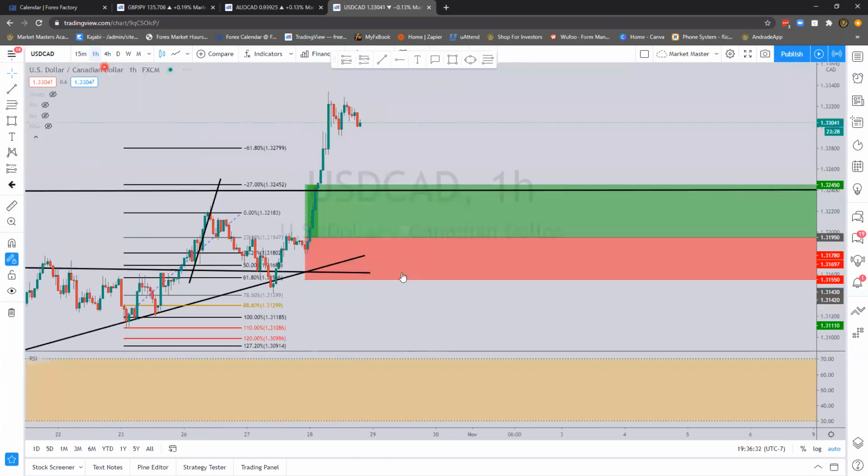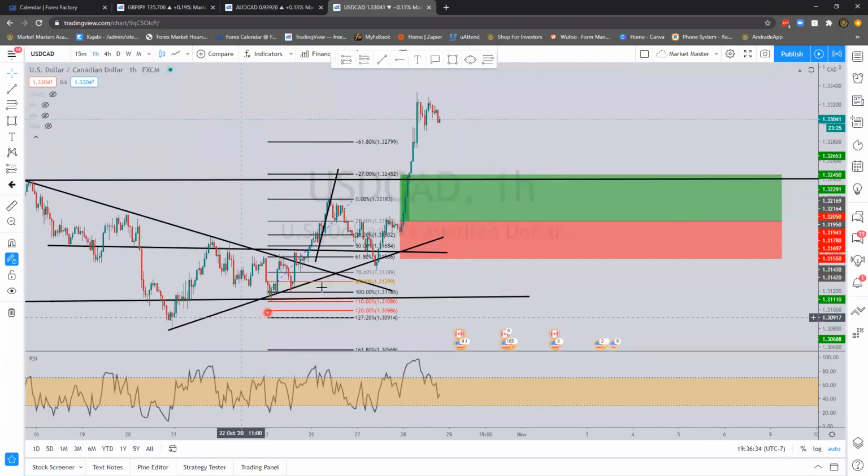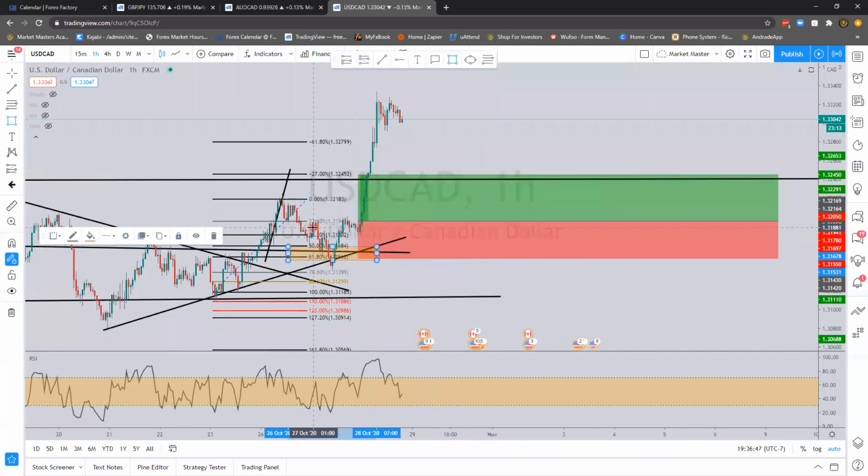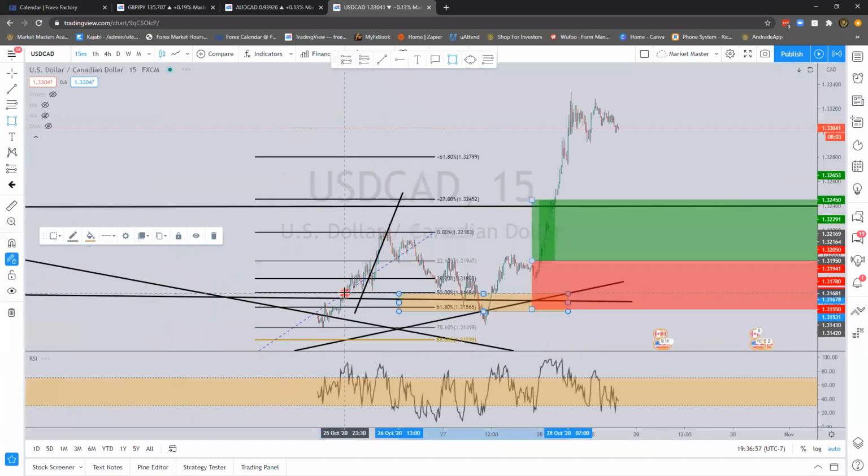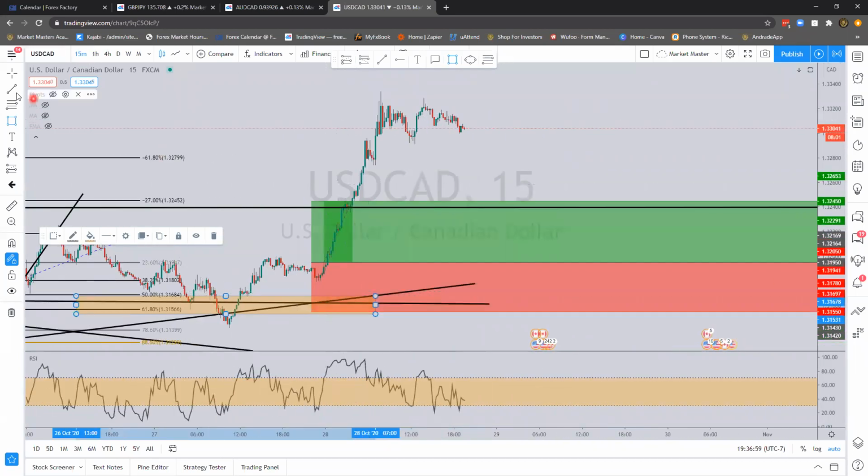For this trade, I had my support here, did my fibs from low to high, and the PRZ area was between 50 and 61.8. Price hit, rejected, and went to the upside. My entry for this buy was right at the open of London session when I called this, and it was trapping the price even more.